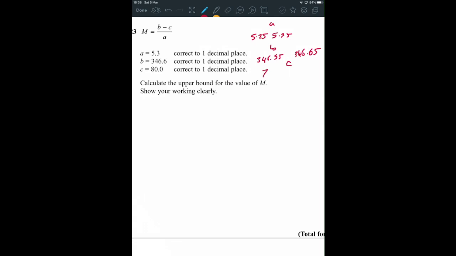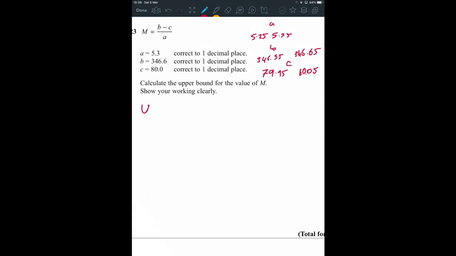C, it's quite a nasty one this, 79.95 and 80.05. And to check that all of these do indeed round to the correct A, B and C to 1 decimal place is a good check that we've got that right.